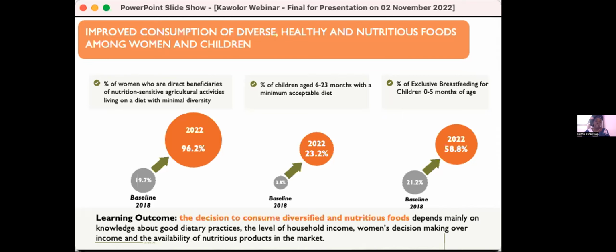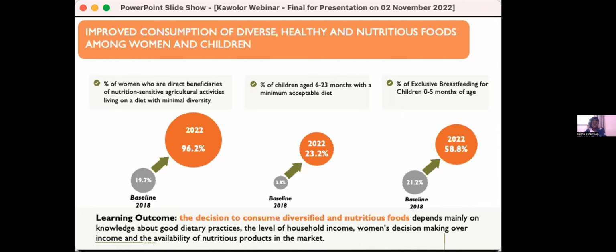Also, the second indicator, about the minimum acceptable diet for children, which was very low, was significantly improved at the end of the project. From 3.8%, we went to more than 23% of children. And the same for exclusive breastfeeding, where we increased by almost 40 points.